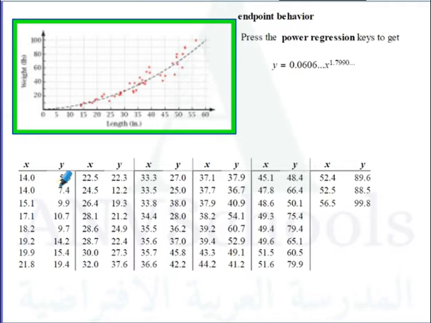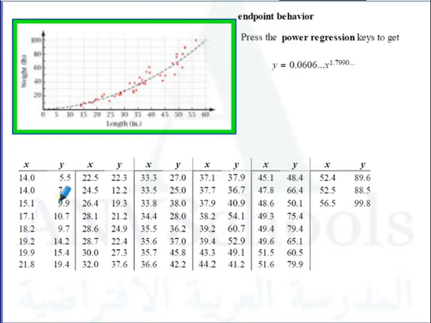For example, I caught a fish which measures 14.0 inches in length, and its weight is 5.5 pounds. I caught another fish with the same length, but a little bit heavier.